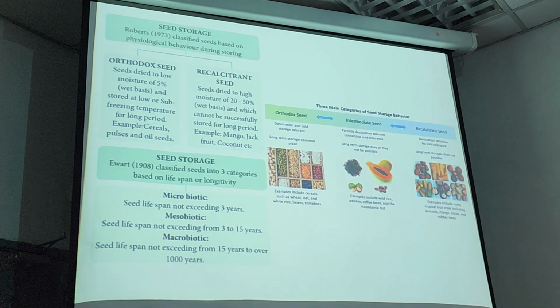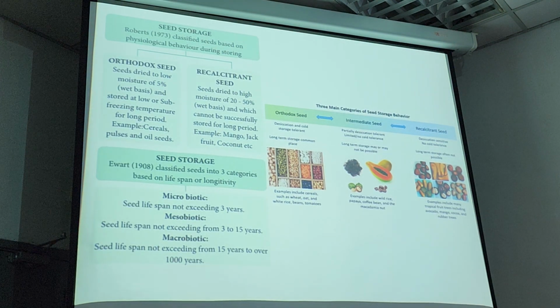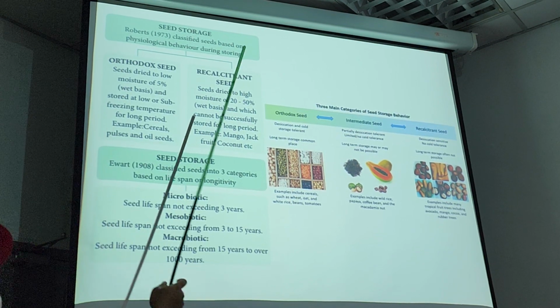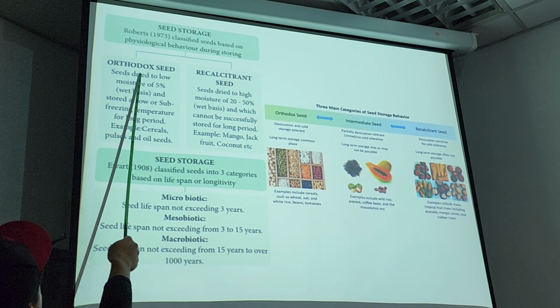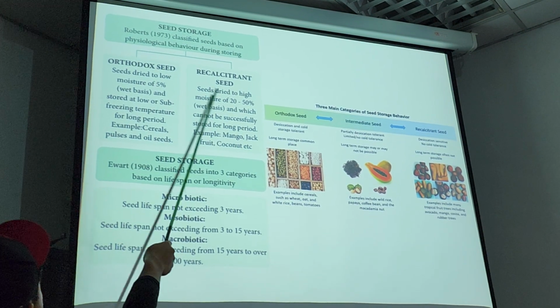Having this concept of seed longevity, scientists in the past have classified seeds based on storage length. That's why you have these two concepts: orthodox seeds and recalcitrant seeds.